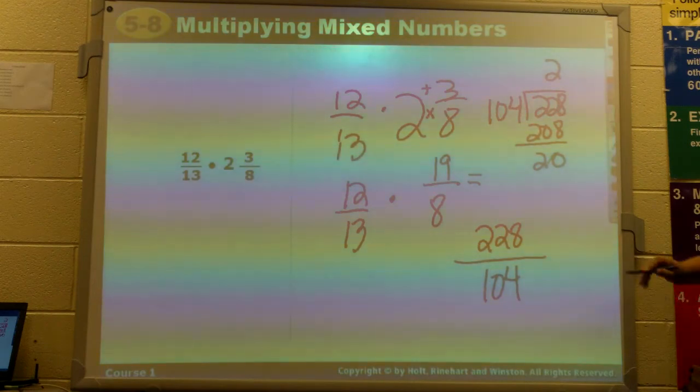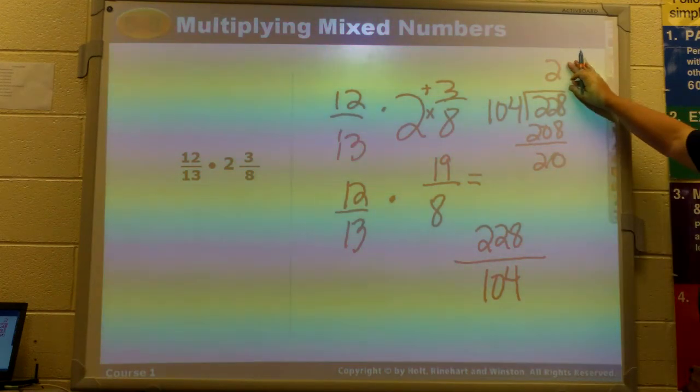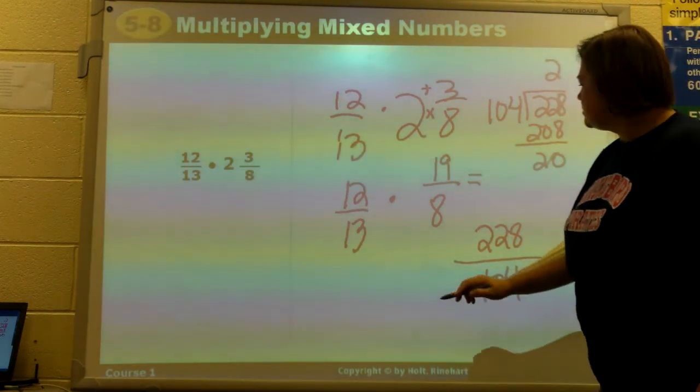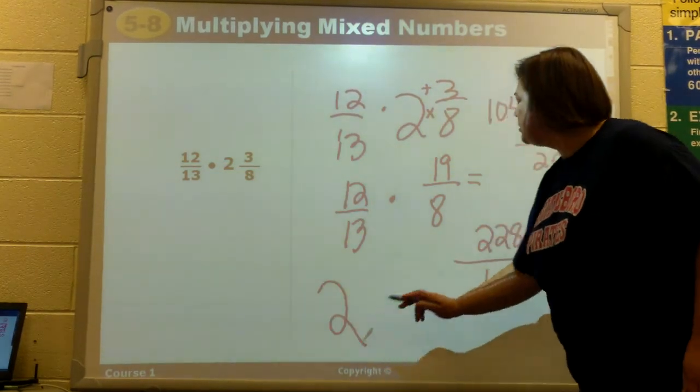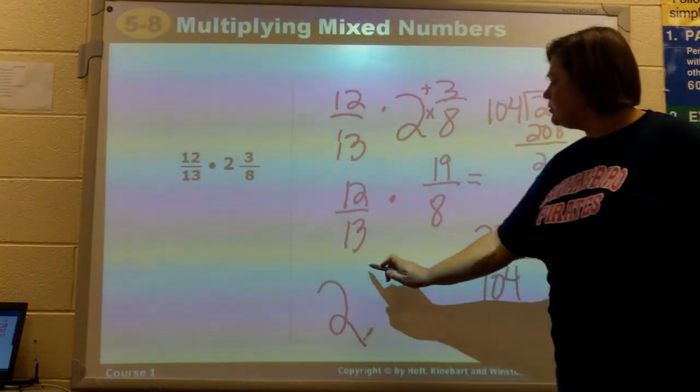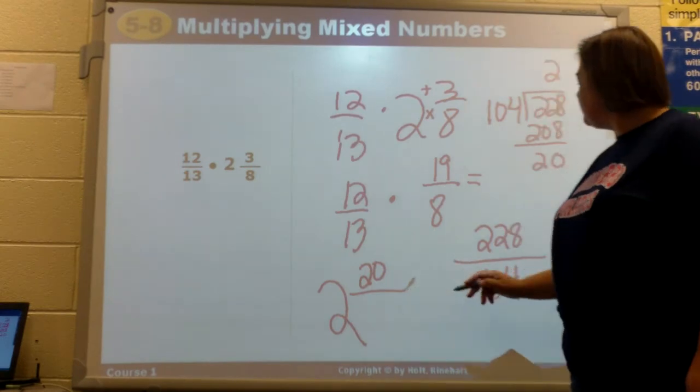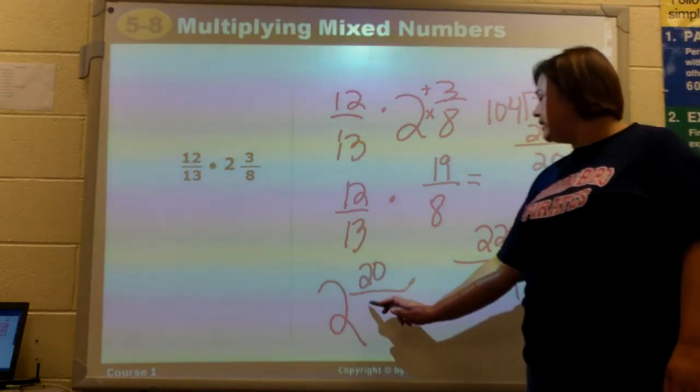So my answer would be 2 wholes, so 2 with 20 left over, keeping my denominator 104 the same.